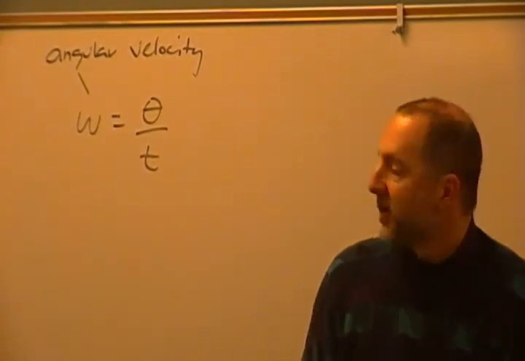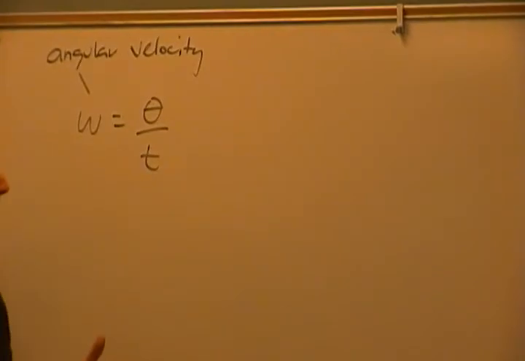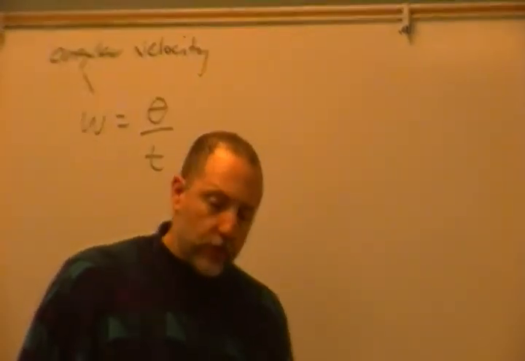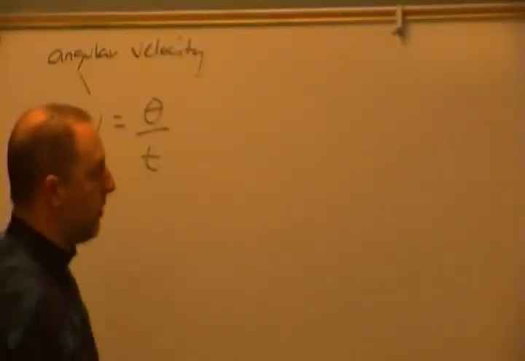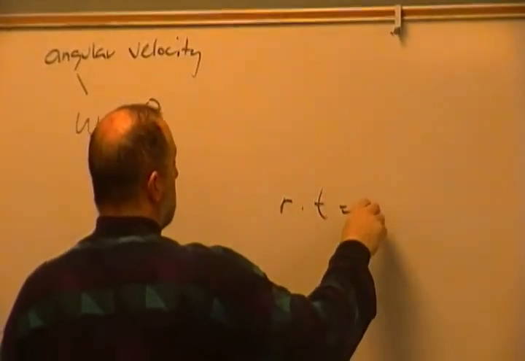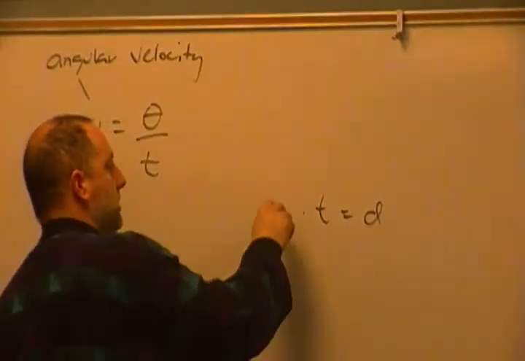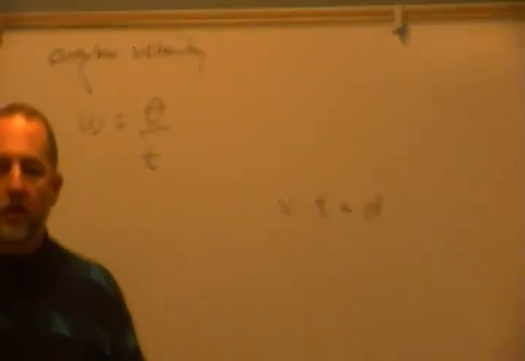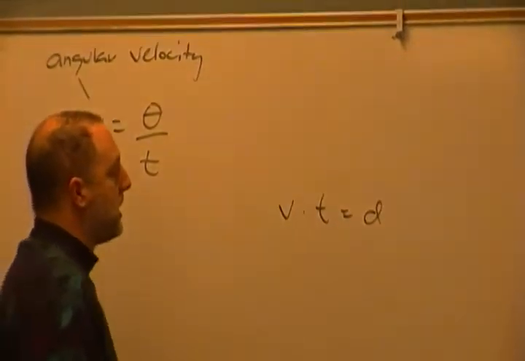So if this is the form for angular velocity, now when we were in third and fourth grade, we had a formula that we used to have. We used to say rate times time equals distance. Now we don't use the word rate anymore. We use the word velocity now that we're grown up. What happens if I divide d by t?